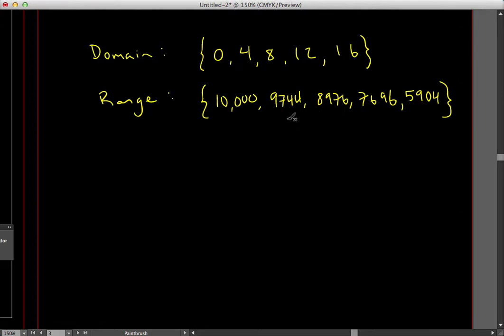So these are our output values, which we were calling them in the last lesson, but actually our range, or the set of y coordinates. So that's very important to understanding a function.